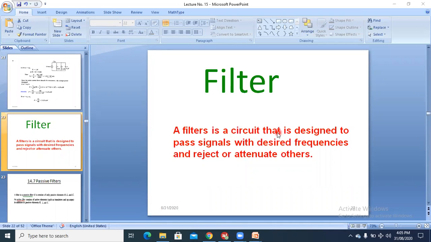These circuits are designed to allow the signals with the desired frequencies to pass, and reject and attenuate others. So what we can control is the range of frequencies allowed to pass, the range of frequencies which we want to reject, and the gain of the passed signal. These three things we control by filtering circuits.